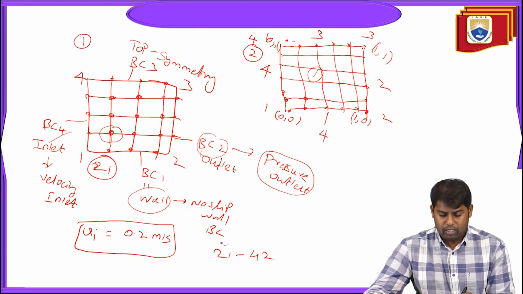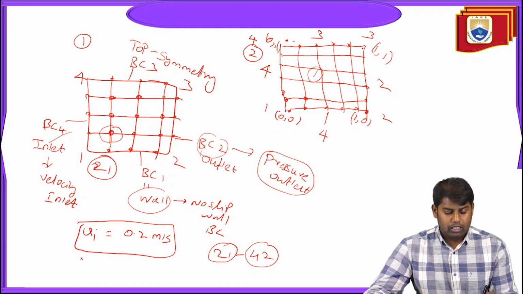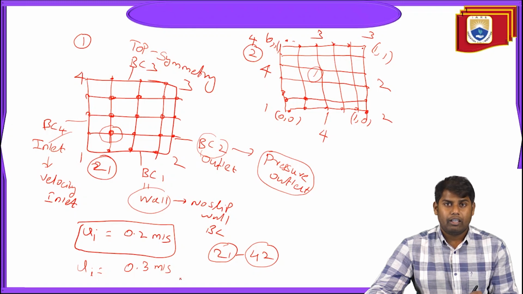When it has changed to 42, if the result u of i is changing, let's say it has changed to 0.3 meter per second, then the number of grid points you have taken was incorrect. So we have to change the number of grid points.